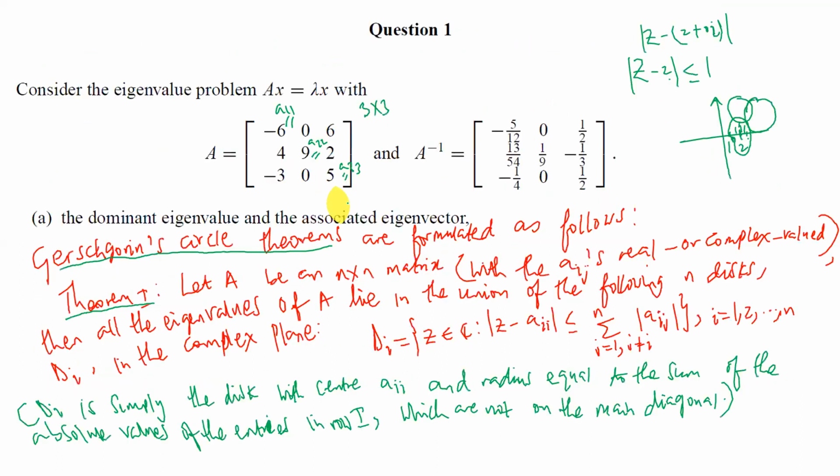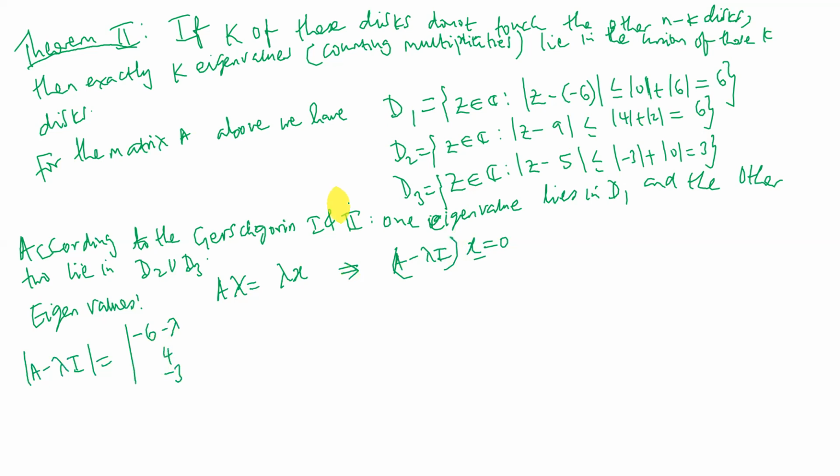So we have 0 here, then 6, then a 9 here from which we subtract lambda, there's 0, and then we have 5, subtract lambda. We are finding the eigenvalues to verify the validity of these theorems.